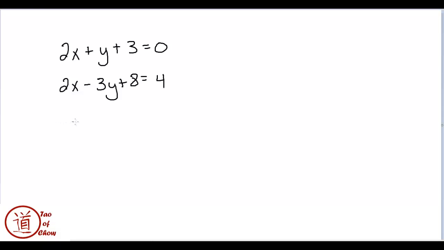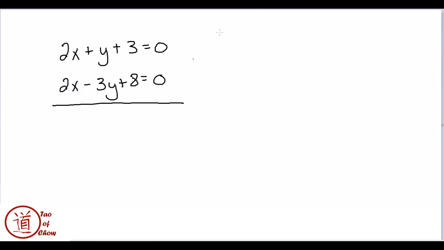Just something like that. Now they don't have to be in general form. I'm just putting them in general form like this. They don't have to be in slope-intercept form or anything like that. They just both have to be in the same form, because we need to line up their values.